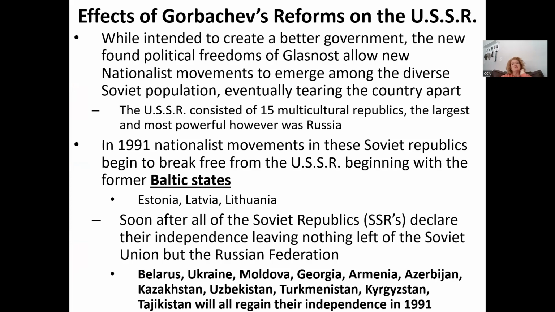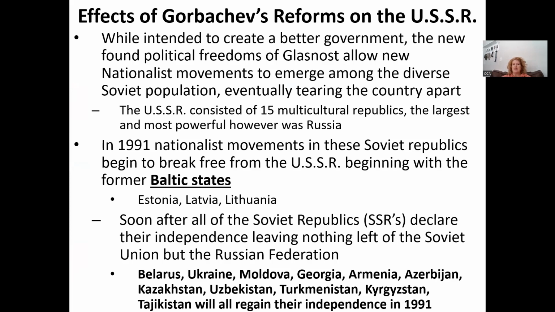Okay, so in 1991, we now have 15 multicultural republics that were part of the Soviet Union that now are going to become nations. So there are 3 that are referred to as the Baltic states. Those are the first ones that break free.